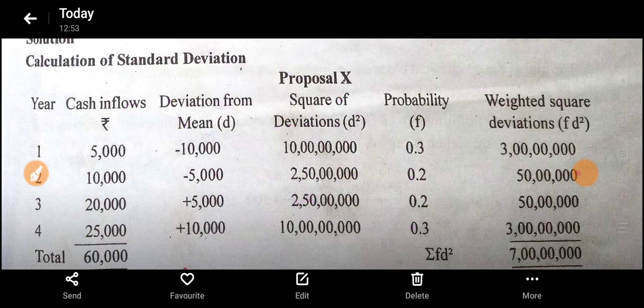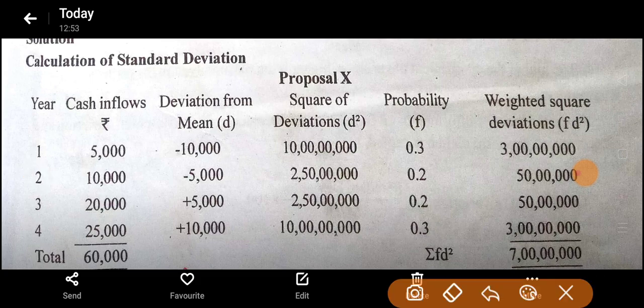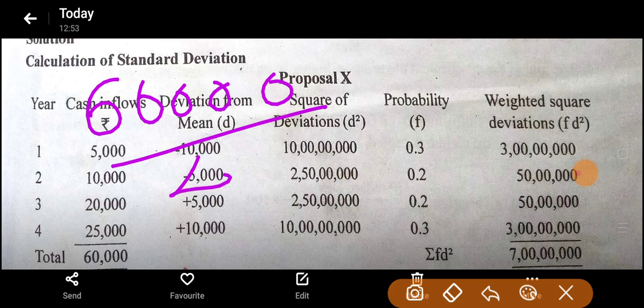60,000. Now we want to find out the mean value or average value. How can we find the average value? We divide the total by the number of years, that is 4. Then we will get 15,000.